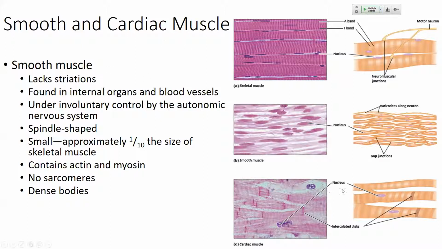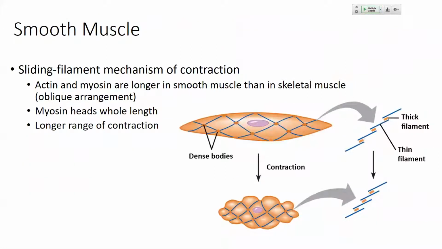And so just to point out some of those differences here, we have the striations apparent on skeletal muscle as well as cardiac muscle. Whereas in smooth muscle, we simply have these elongated spindle-shaped cells, which are much smaller and usually connected by gap junctions and dense bodies.